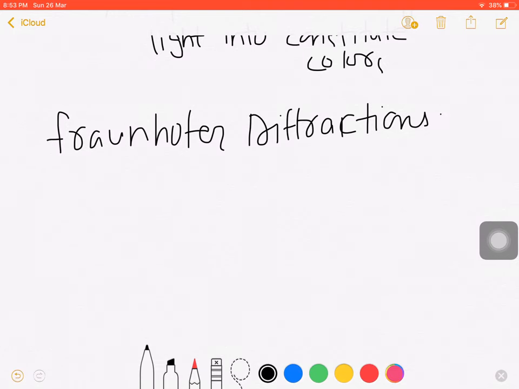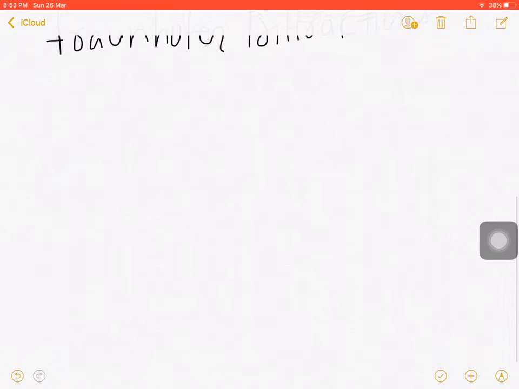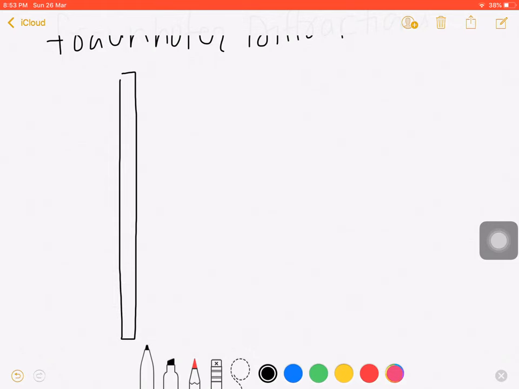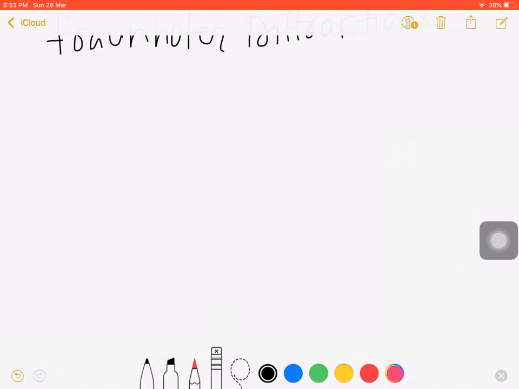Let's discuss this. Consider that basically there is a transparent glass with a lot of slits, right? Let's make the glass with slits. Basically there are a lot of slits.